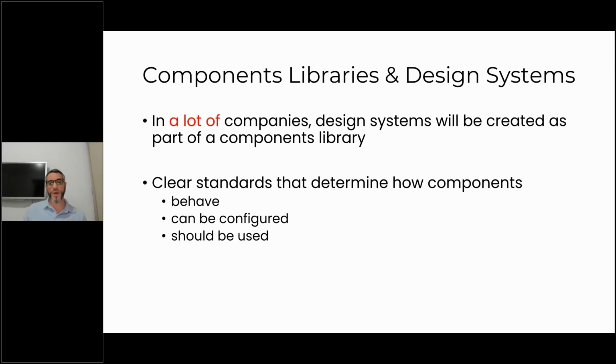A lot of companies will create the design system parts as part of some component library. That component library will be the standard to determine how components will behave, be configured, and how they should be used by the users or even other developers that want to use those component libraries, of course.